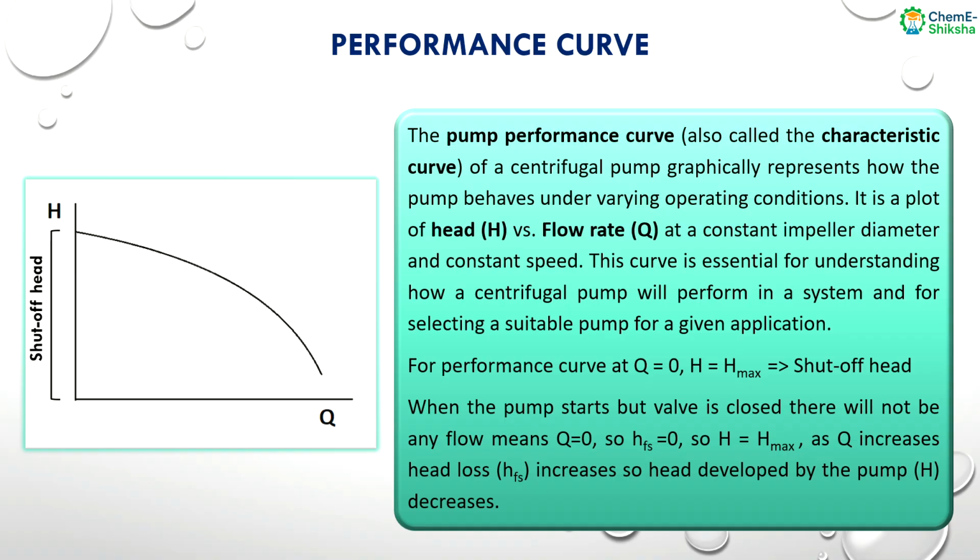All the characteristic curves of a pump are used to predict the behavior and the performance of the pump when it is in working condition under different flow rate, head and speed. The pump performance curve is plotted between the head developed by the pump and the flow rate of the pump at a constant impeller diameter and constant speed.